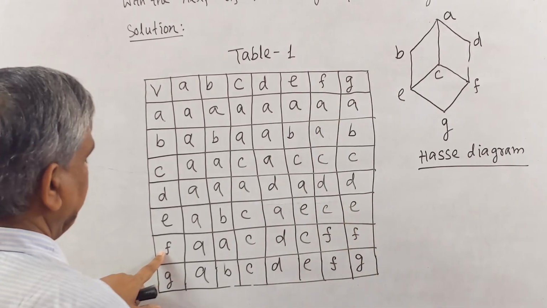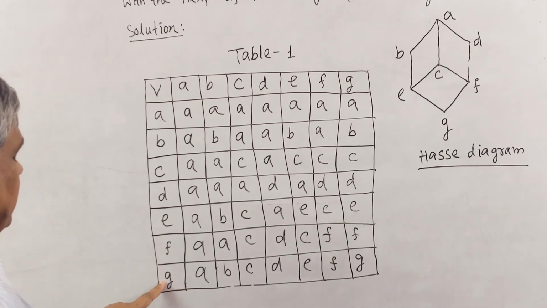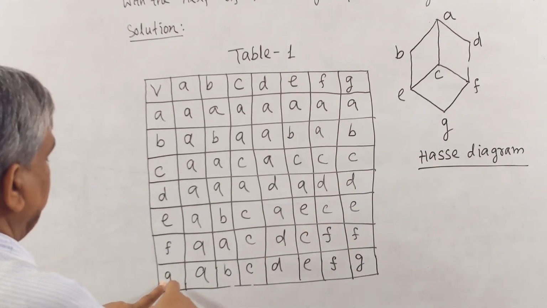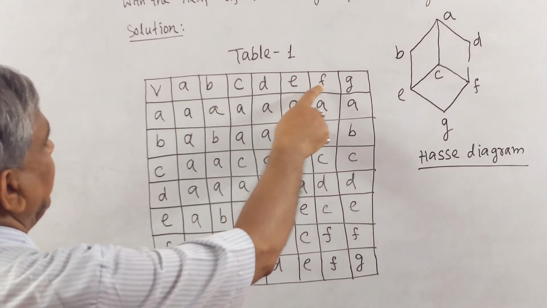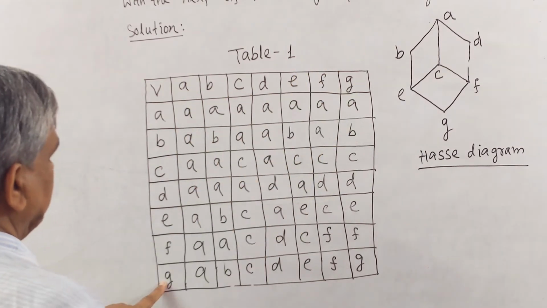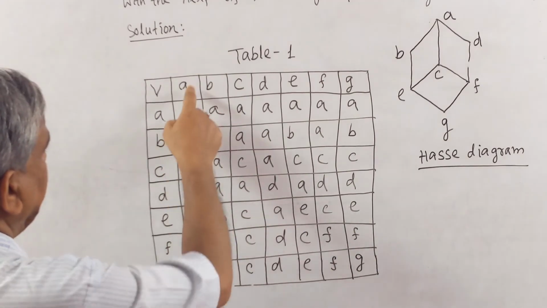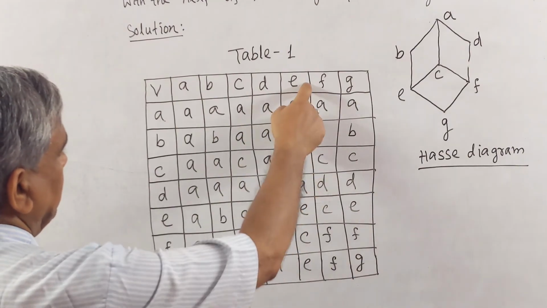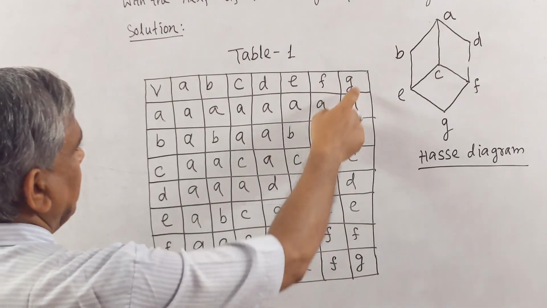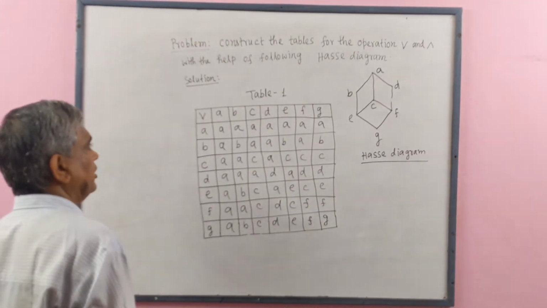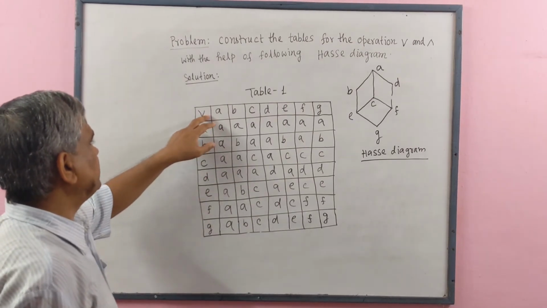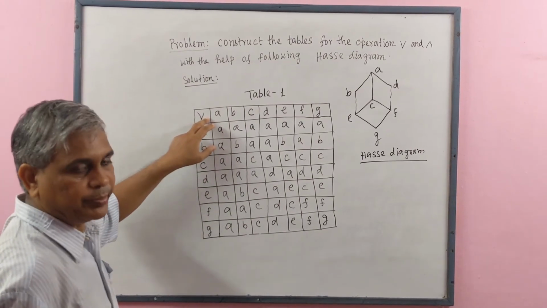So here will be F. Now operate with G. Since G is in the lowest level, if it operates with other elements, it gives the supremum as the other element. So here we write A, B, C, D, E, F and G. This is the operation table for the operation joins, that is to find the supremum.